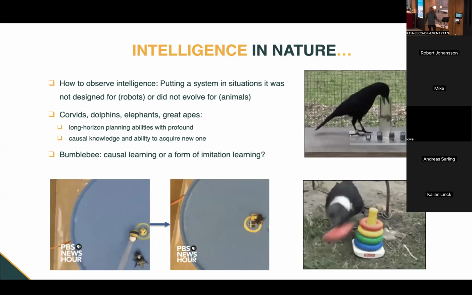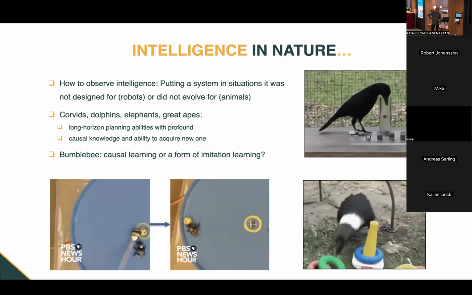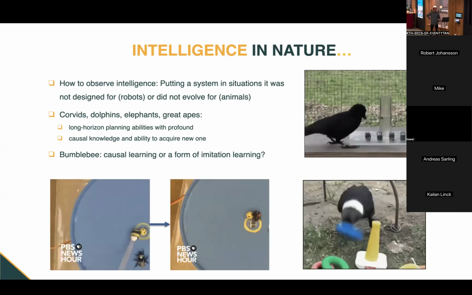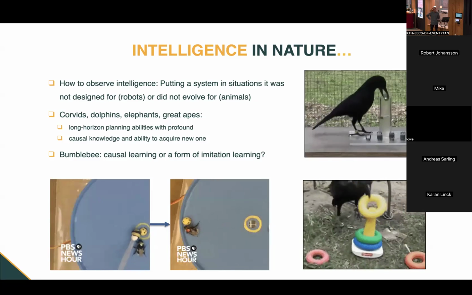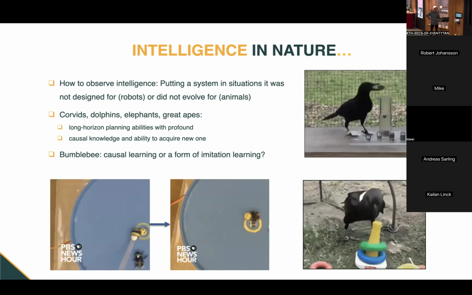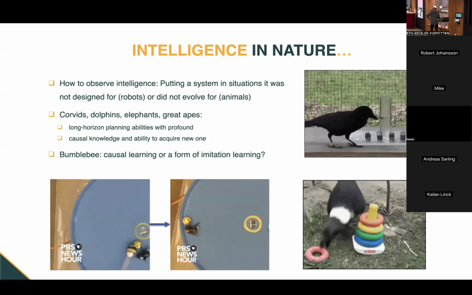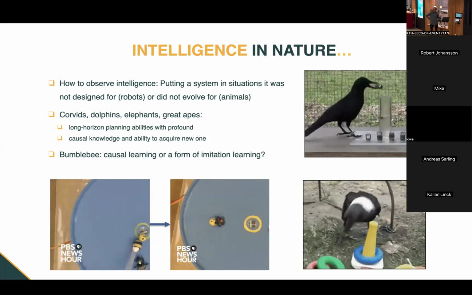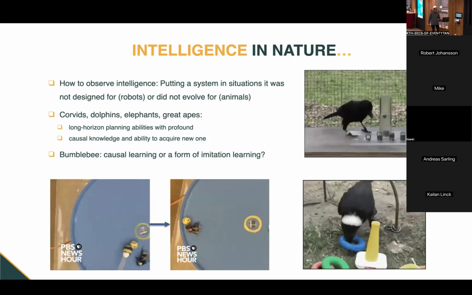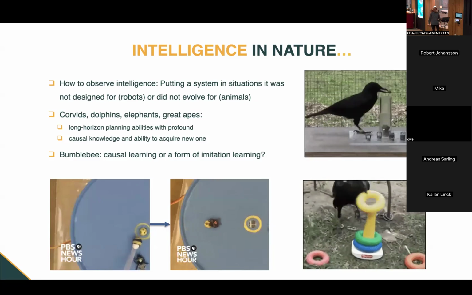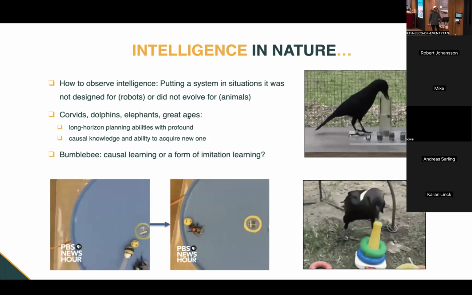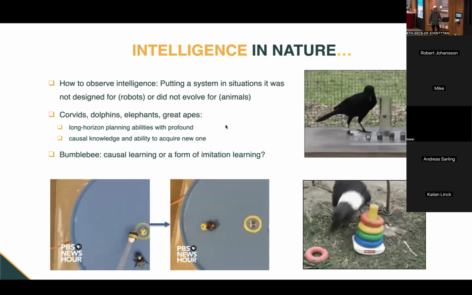That's a quite advanced capability, which most people would not have expected that these animals are capable of. And of course, with ravens, the situation is a bit different. Most people know that ravens have quite advanced capabilities and are considered to be more intelligent. But we want to be able to replicate this in addition to human level abilities. We also want to be able to replicate what animals can do.